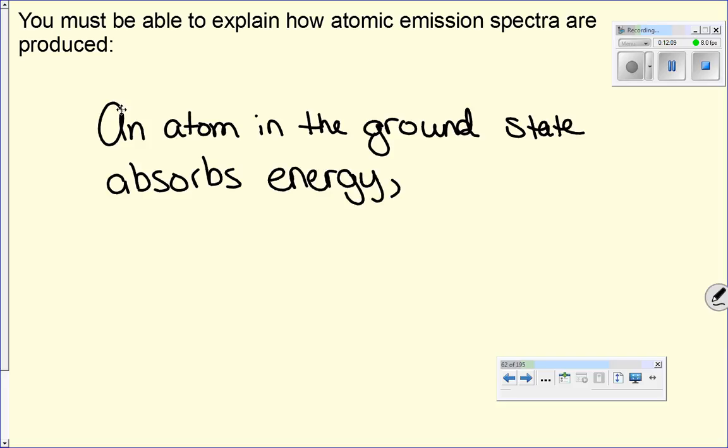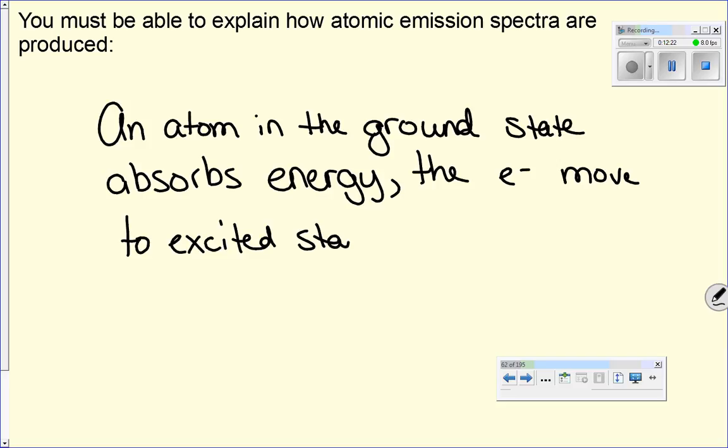This causes the electrons to move to the excited state. The electrons are then going to fall back down to lower energy levels, or the ground state, and give off energy. And they will give off that energy in the form of light.